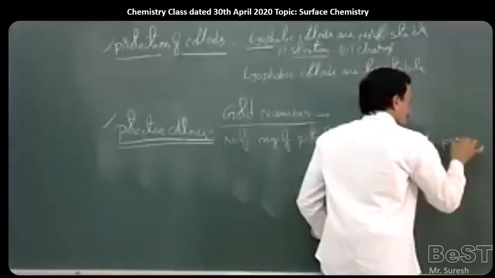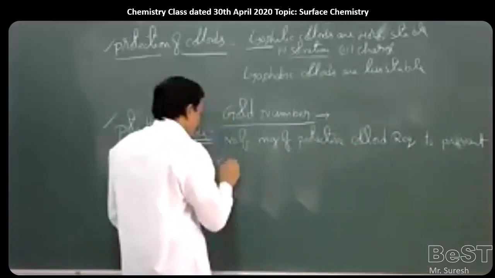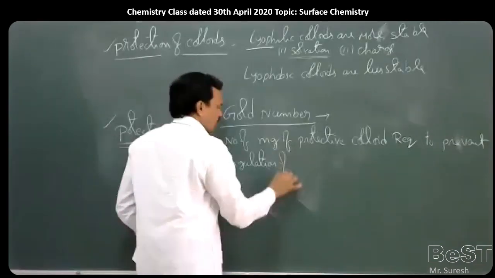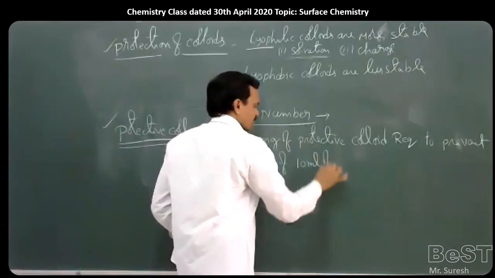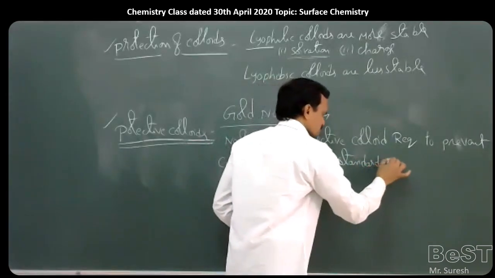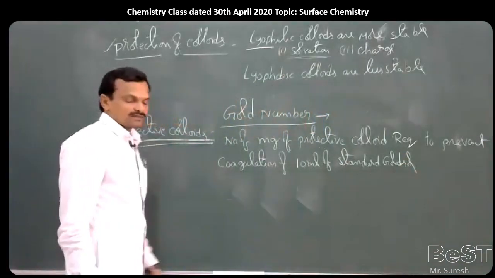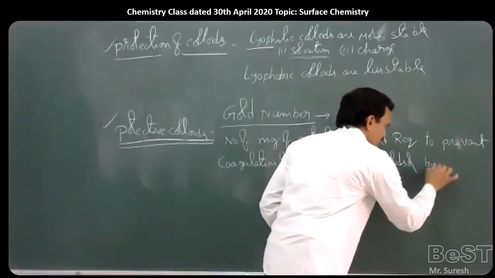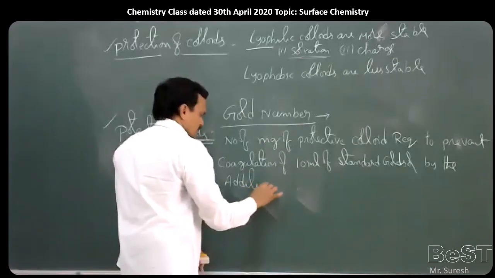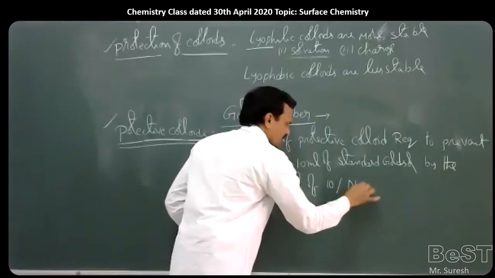to prevent coagulation of 10 ml of standard gold salt by the addition of 1 ml of 10% NaCl solution.